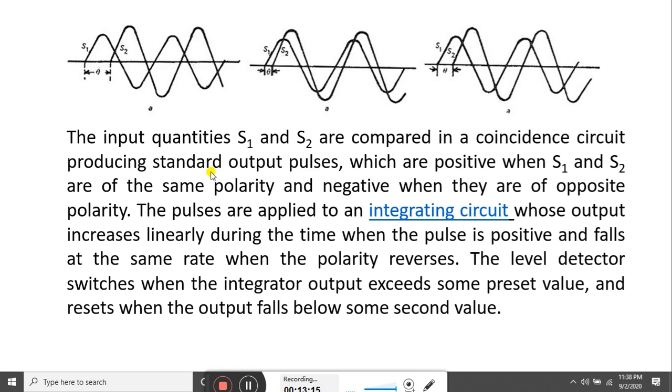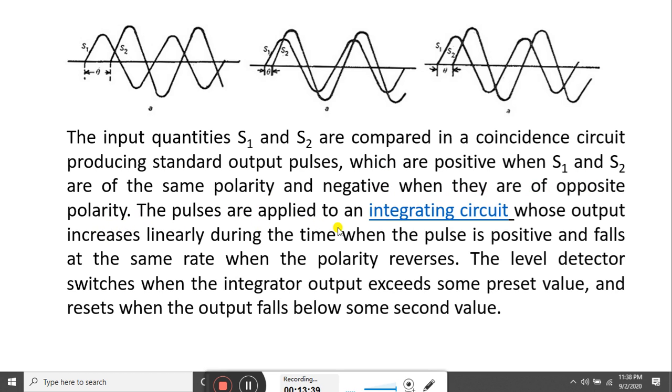The input quantities S1 and S2 are connected in a coincidence circuit, producing standard output pulses which are positive when S1 and S2 are of the same polarity, and negative when they are of opposite polarity.